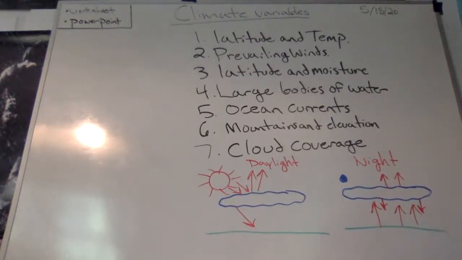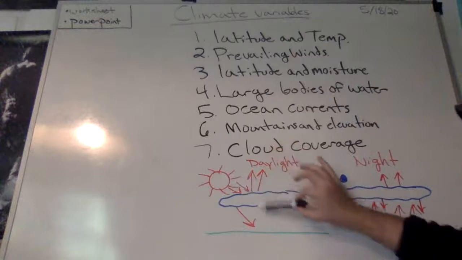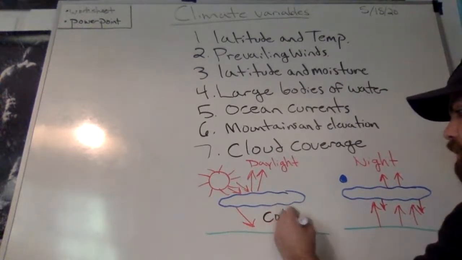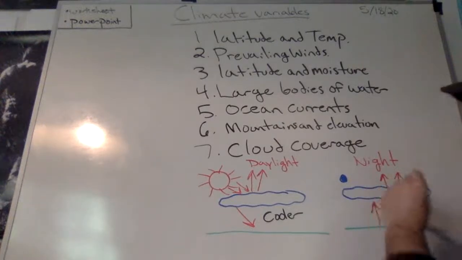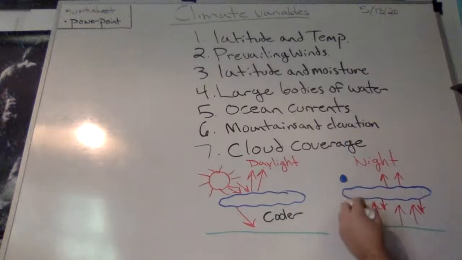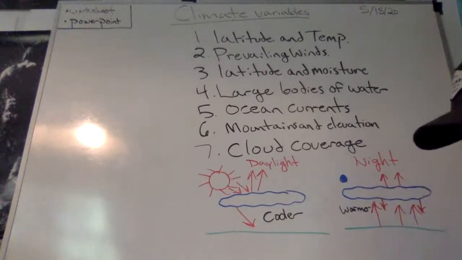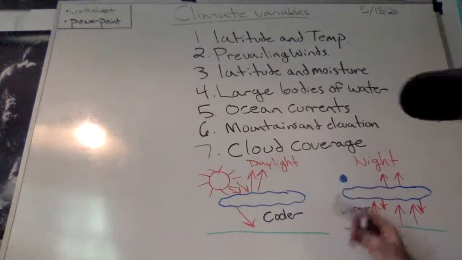So that's why during the daytime or daylight, when it's cloudy, it's going to be a lot cooler. Now, at nighttime, when there's clouds in the sky, it's going to be warmer because some of that escaping air that's warm is going to get trapped underneath the cloud. Okay, so that's how cloud coverage can affect your climate.